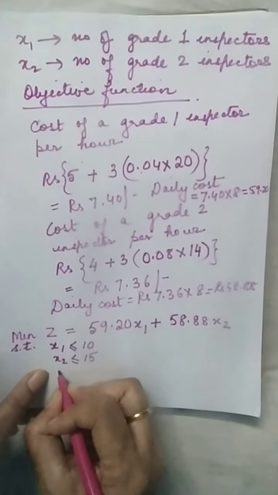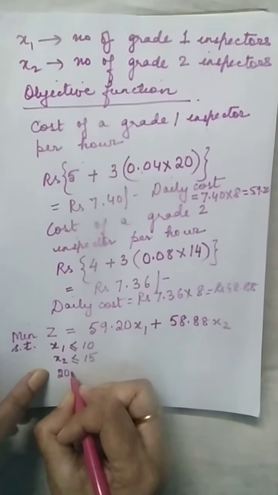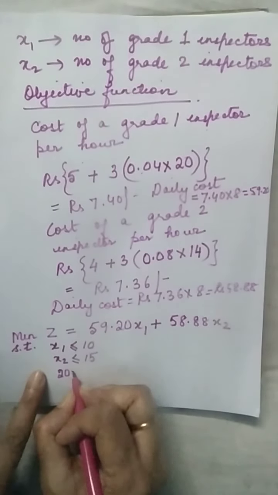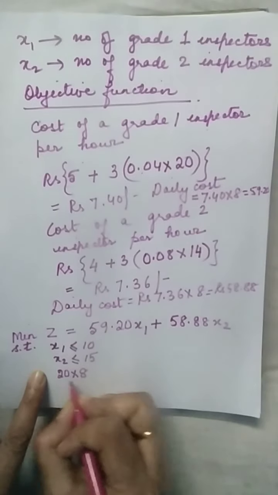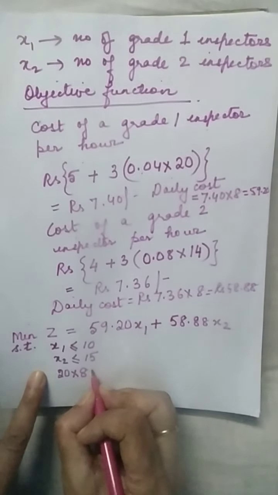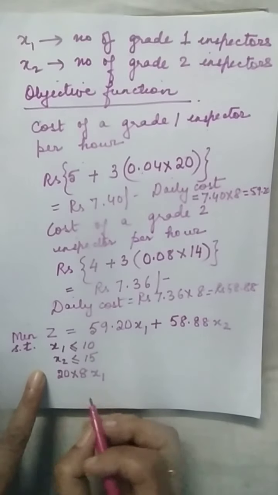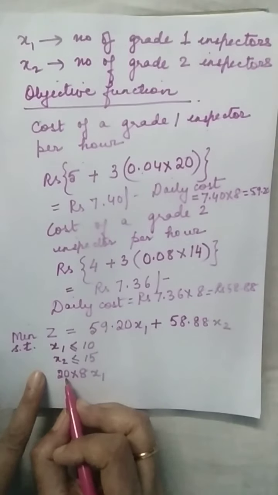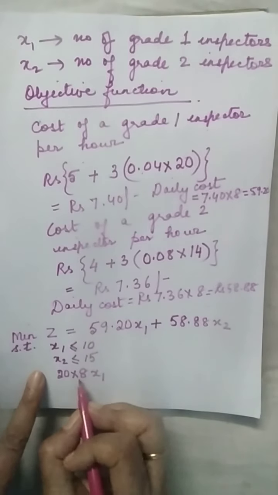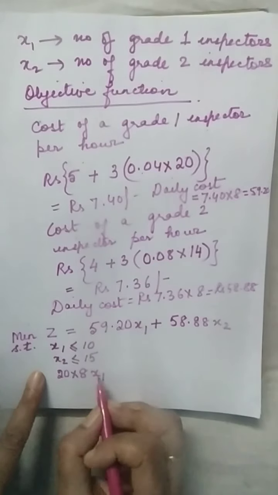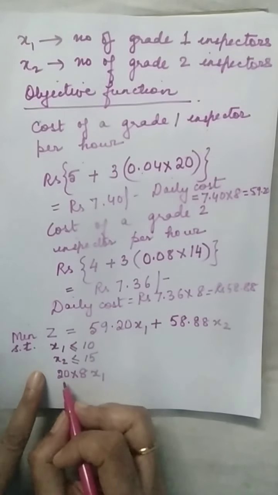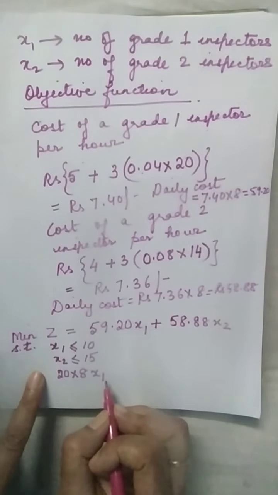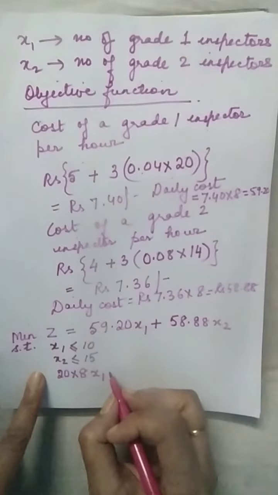In an 8 hour shift he checks 20 into 8, and there are x1 such inspectors whom we are employing. So the grade 1 inspectors check 20 into 8 x1 pieces.